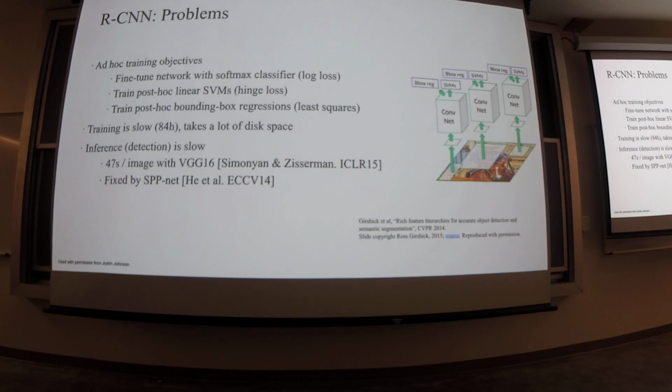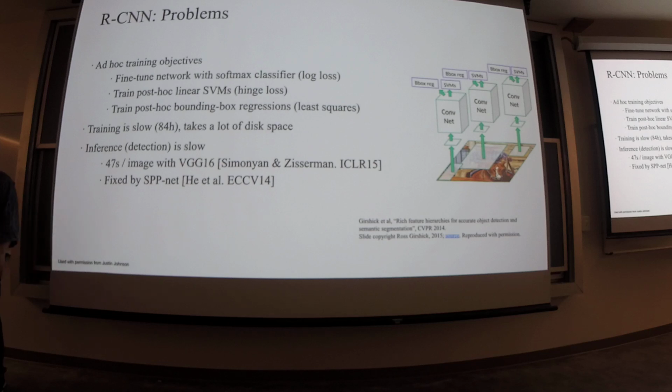Once you fine tune that, you forward all the regions through the network, get some features, and then train these SVMs to do the classification and then the regression for the bounding box. And did it in two stages. I don't know why, but that's it.